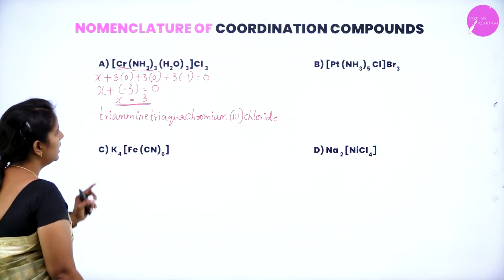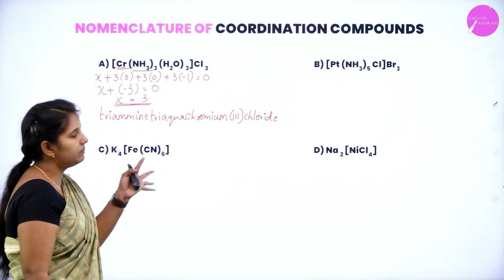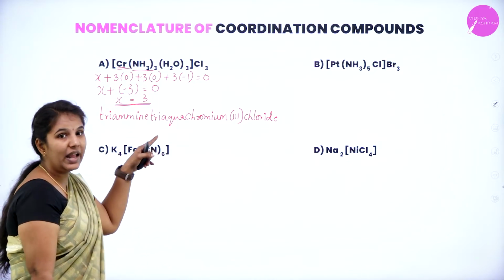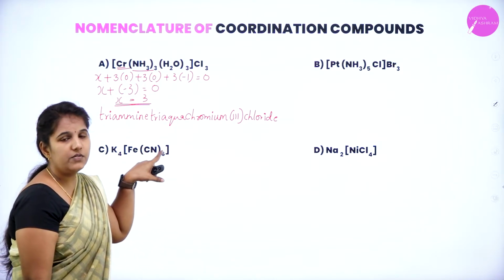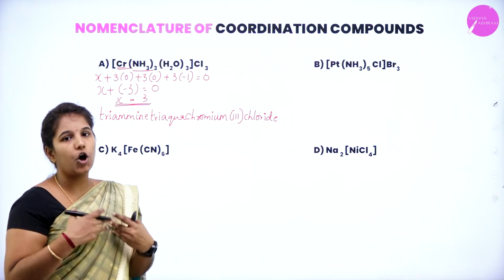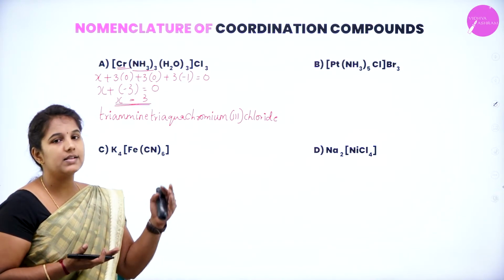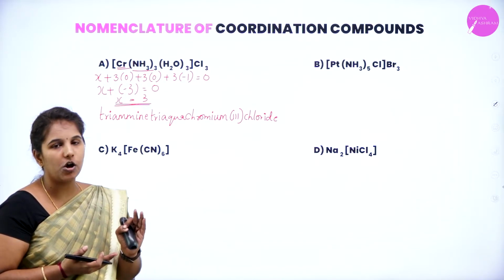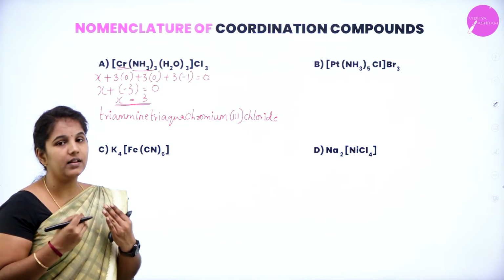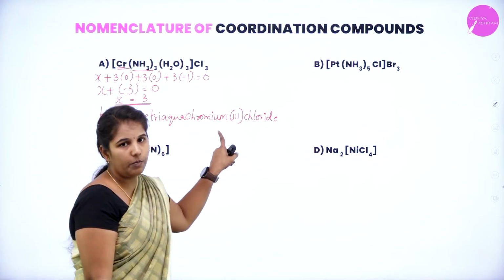You can see that while naming all these ligands along with the central metal atom, I have not used any capital letters. This is one thing that you should keep in mind. While naming a coordination compound, always use small letters, whether it is an anionic or cationic complex, and when writing the oxidation state of the central metal atom, use Roman numerals.